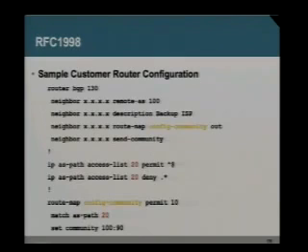How does this translate into real life? Well, a customer router configuration could be something like this. Remote AS 100, this is our backup ISP. Rather than sending any MEDs or AS path prepends, we're actually going to have a route map which is going to set communities on the outbound announcements. So the communities listed here, anything that matches AS path 20, so anything originated by the local AS, we set community 100:90.